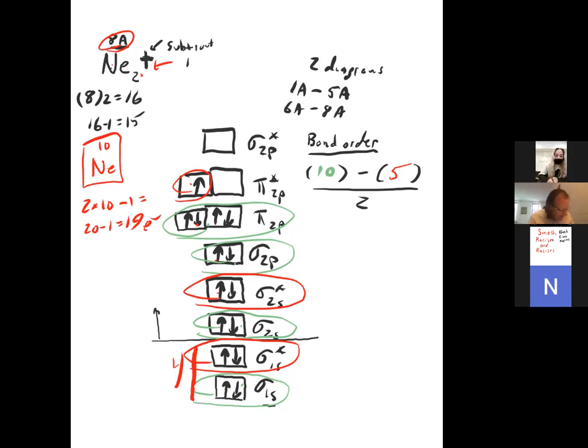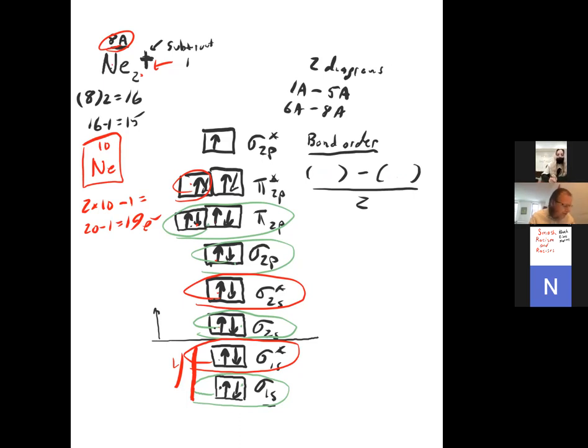Okay. So let's come back to the beginning. 19 electrons. So 2, 4, 6, 8, 10, 12, 14, 15, 16, 17, 18, 19. There we go. Okay, 19 electrons. So now that's going to change our bond order calculation.